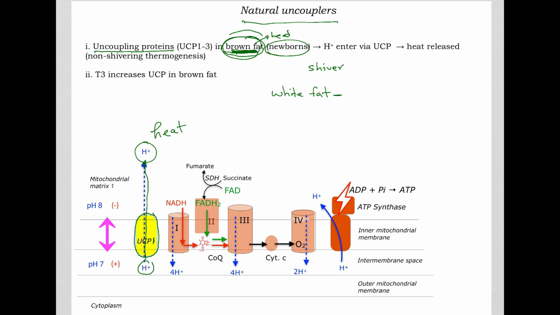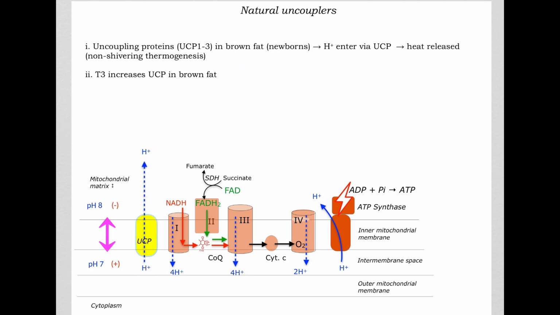So the presence of brown fat that uncouples oxidative phosphorylation from the ETC provides them with heat to keep them warm. So this is called non-shivering thermogenesis. It's not from muscles. Shivering comes from the action of muscles.